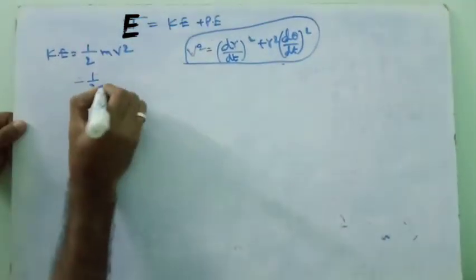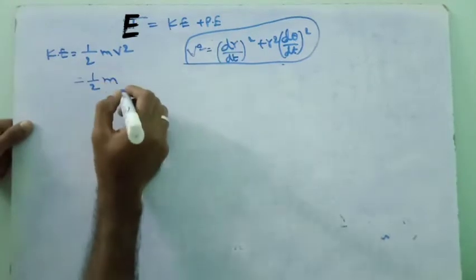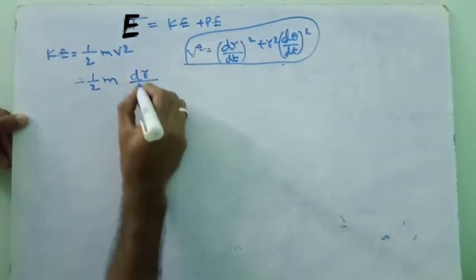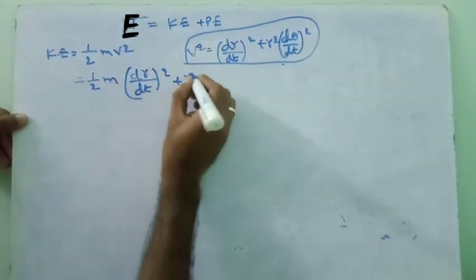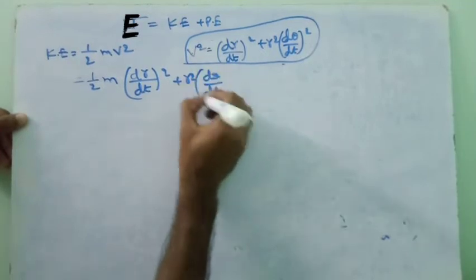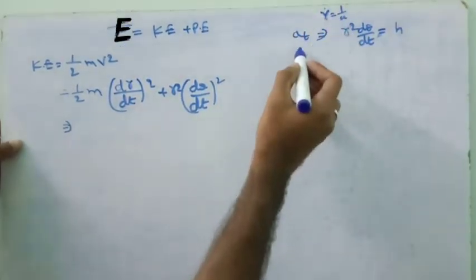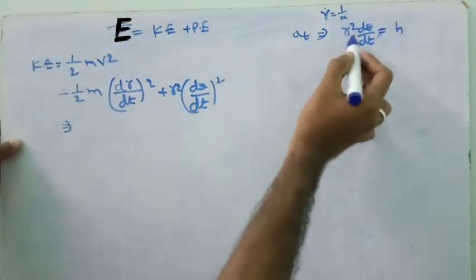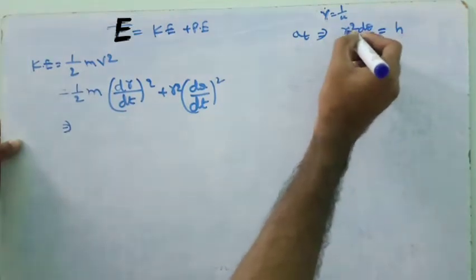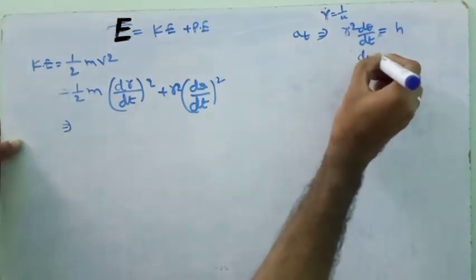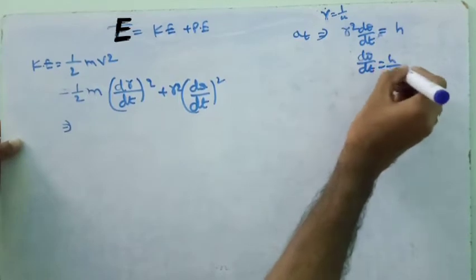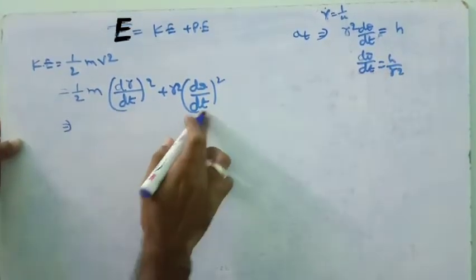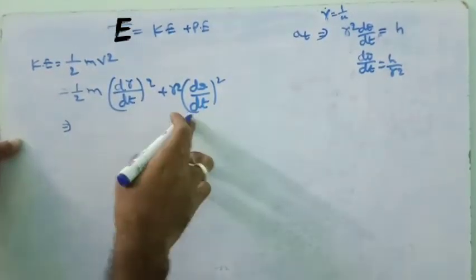Substituting this value, we will get the kinetic energy. So half m into dr by dt whole square plus r square d theta by dt whole square. We know that r is equal to 1 by u, and we have the transverse acceleration, r square d theta by dt is equal to h. If we send r square to the other side, d theta by dt is equal to h by r square. We can substitute this d theta by dt here, and we need the dr by dt value.